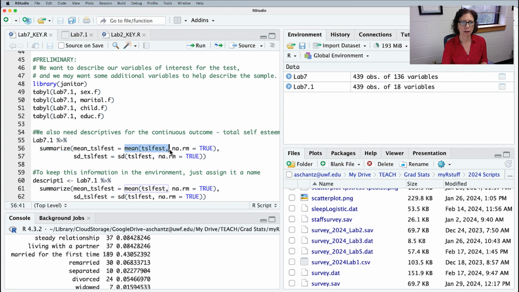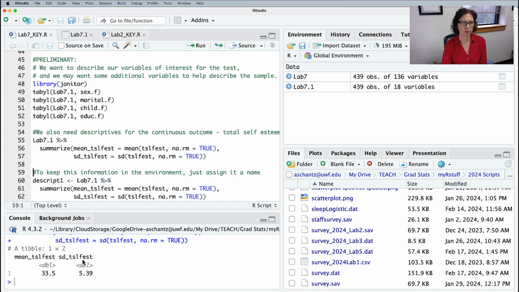Summarize the mean of total self-esteem, ignoring the missing values, and call it mean underscore TSLFEST. And also give me the standard deviation of total self-esteem, ignoring the missing values, and give it the name SD TSLFEST.